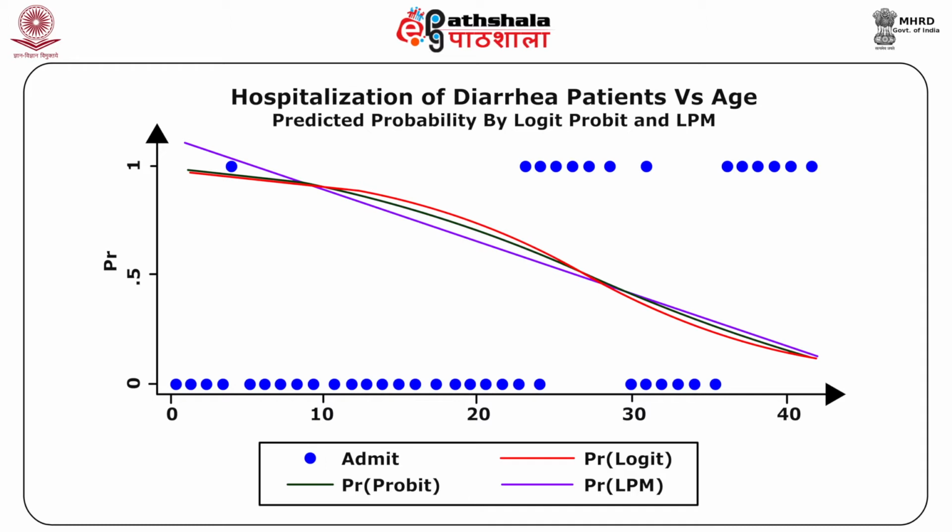And if you look at the three graphs, which are for the linear probability model, the Logit model and the Probit model, then you can see for the linear probability model the curve is going above 1, whereas in the other two cases both the curves are within the limit of 0 and 1. So that way you can see the advantage of Logit and Probit models over the linear probability model.